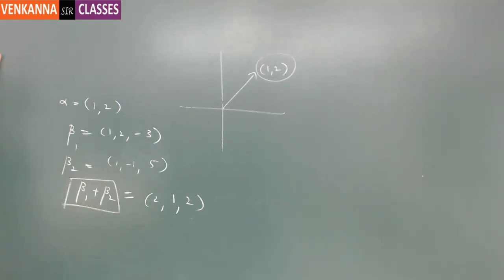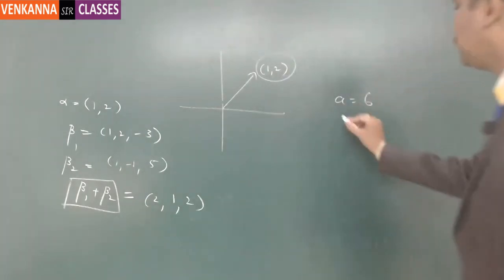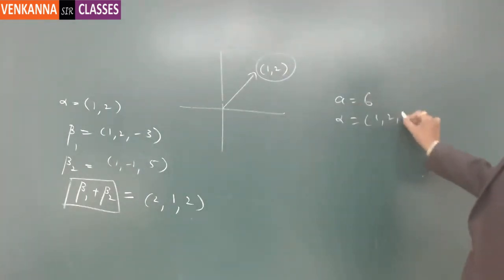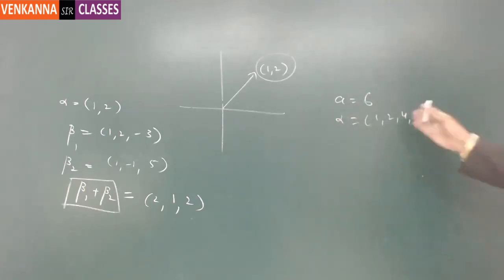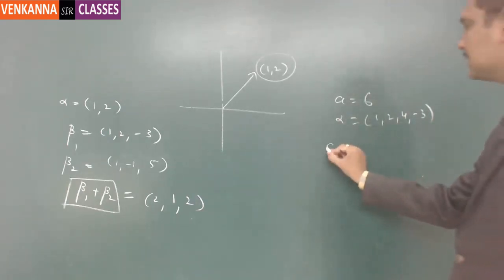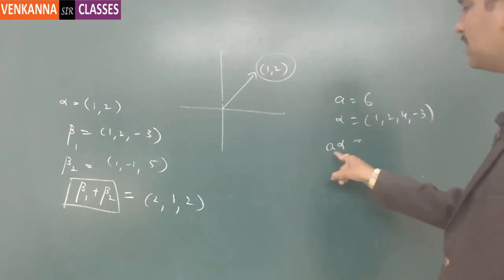And scalar multiplication means you take any number and multiply the vector with that scalar. Let me say I have taken a is equal to 6 and I took a vector alpha is equal to (1, 2, 4, -3). This is a vector having 4 coordinates, a 4D vector. And scalar multiplication means a alpha. A vector is multiplied with a number.